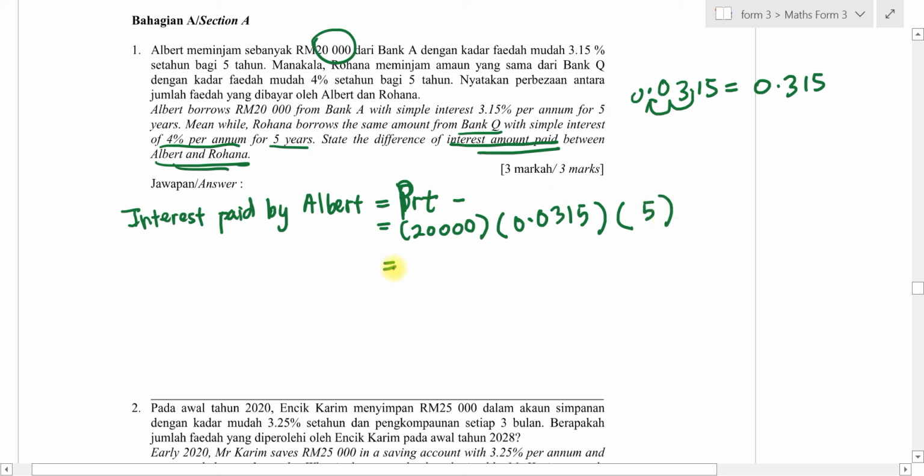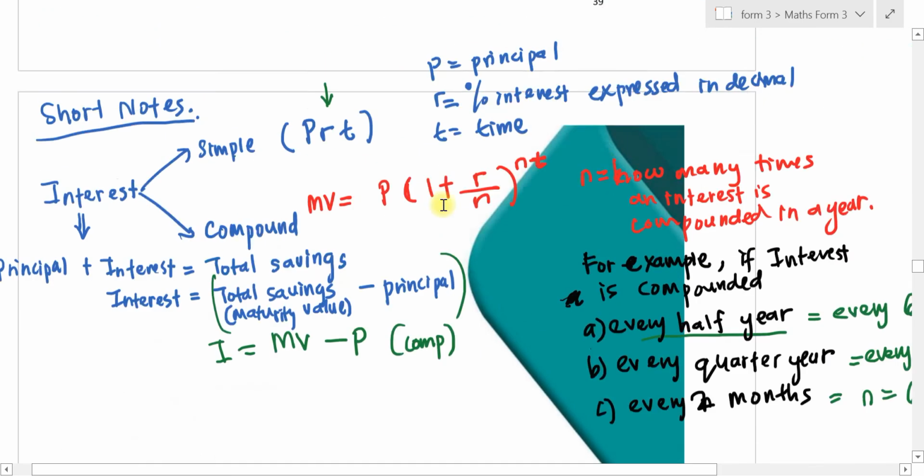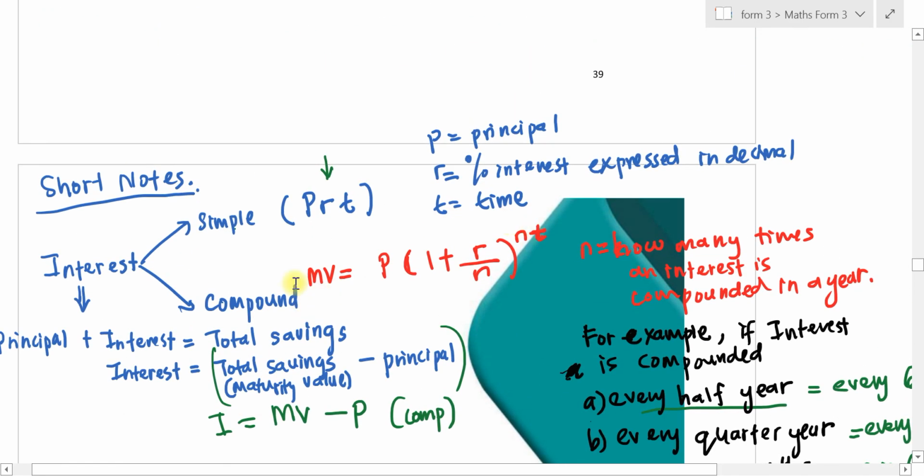So the interest gained is, they ask interest only. If they ask total saving, I forgot to mention one more formula. For simple interest, if they ask total saving, it is P plus PRT.